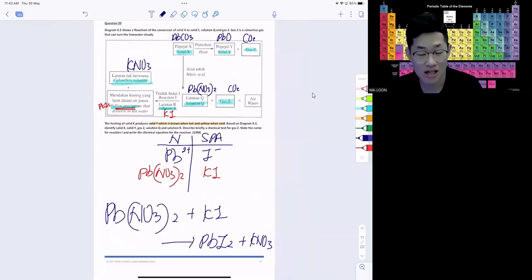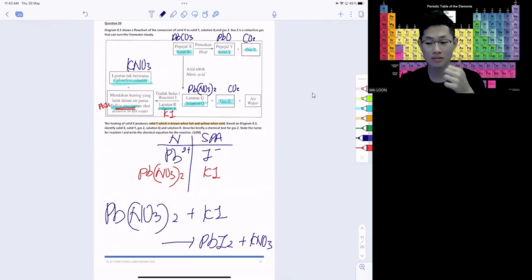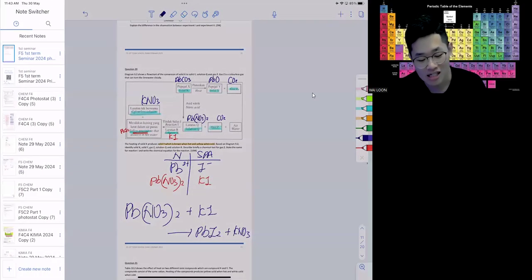Is that okay? That's how we find all the unknowns. Finding reactant, we use cross. Finding product, we write equation. If it's heating of salt, then it's metal oxide and gas. Okay? So in the last 20 minutes, we're going to do ion test.